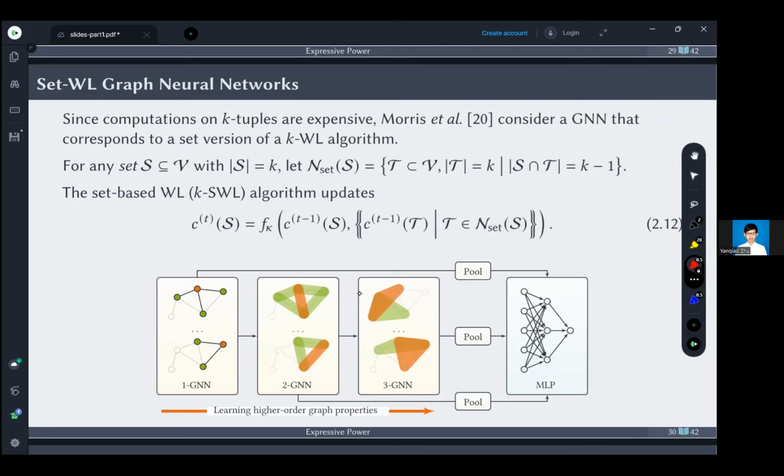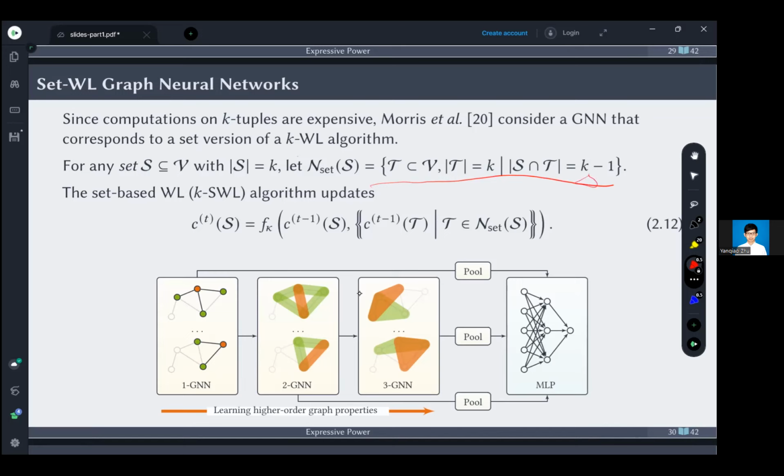And here, to reduce the computational complexity, because you can't actually enumerate all the possible tuples, it uses a weaker notion of the k-dimensional WL test, called the set k-WL test. In the set k-WL test, you construct a neighborhood set in this way, where you only have a one-element difference from the original tuple.